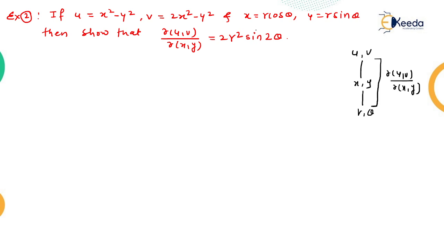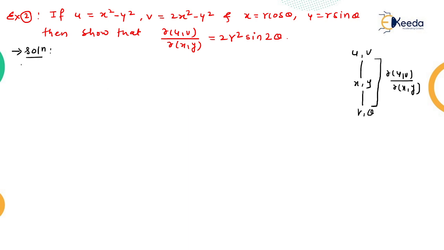But you have to use the values x as r cos theta and y as r sin theta, right? So let's see how it will be proved. I am writing the solution here, right? So by following some steps you will get the answer.